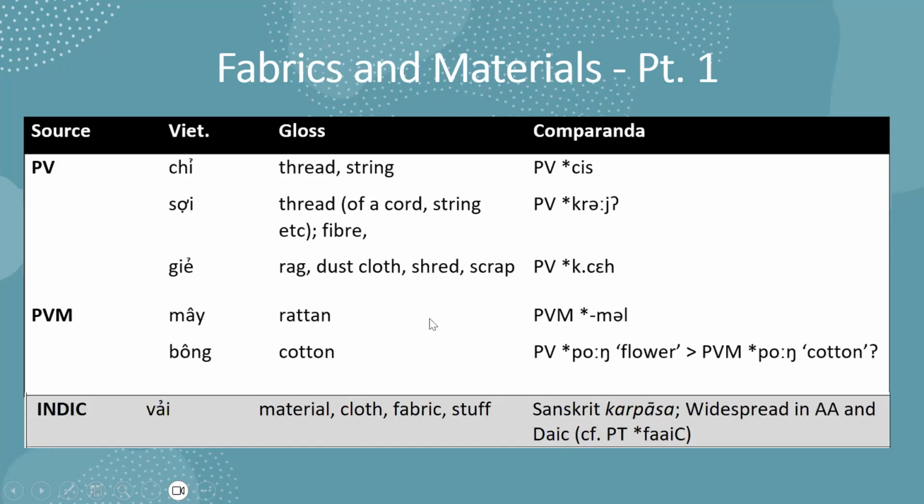But what is important is this word here, and that word is material or fabric, and it is very widespread in Austroasiatic as well as Dayak and Sanskrit, karpāsa, and I know that vai has only one syllable, and I won't go through all of the details how karpāsa becomes vai, but it does.